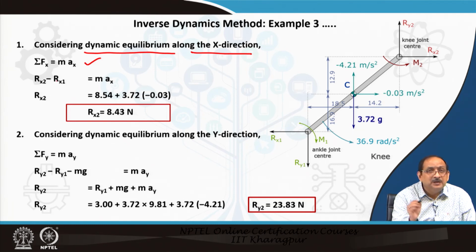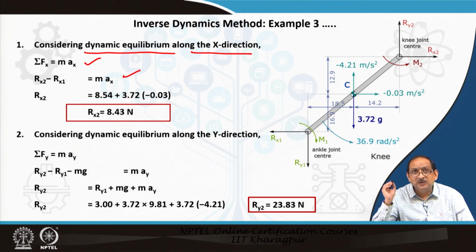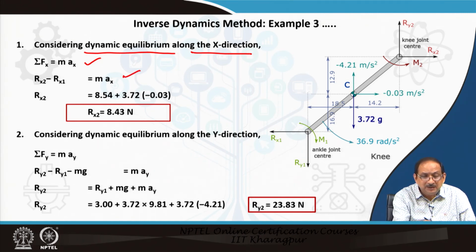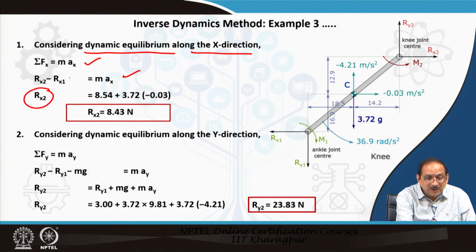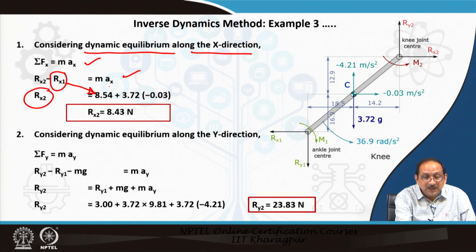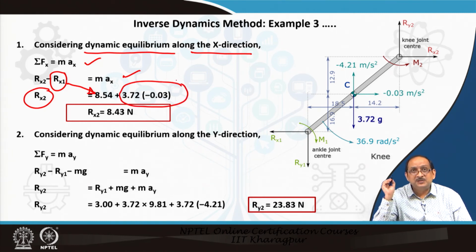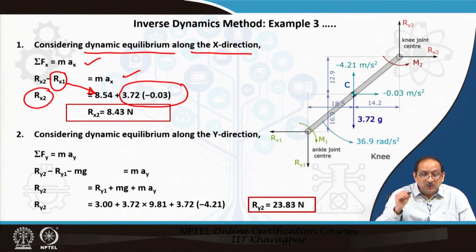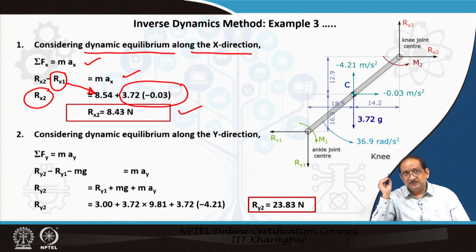So, putting the force vectors in the equations, we can find out Rx2, wherein Rx1 we had earlier calculated as 8.54 and the Mx1 part is indicated here, 3.72 multiplied by 0.03 radian per second. So, we calculate Rx2 as 8.43 Newton.